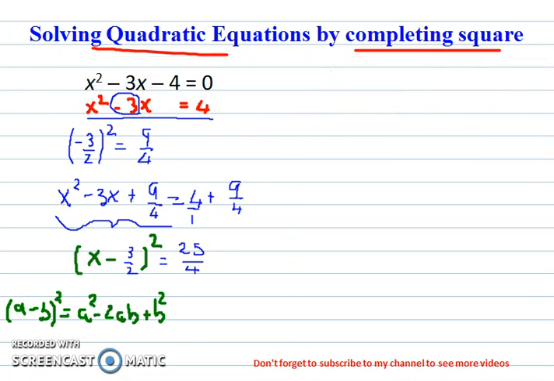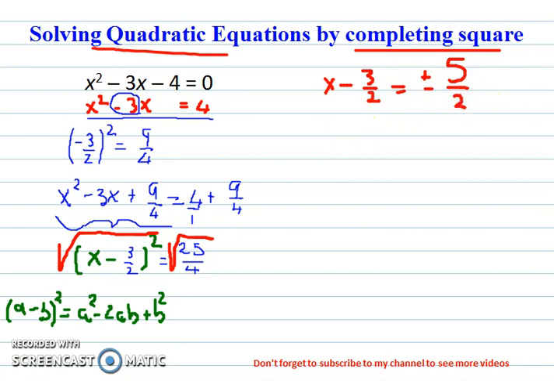So if I remove this, we can work on this side right here. Let's say for now, we can take the square roots of both sides. We're going to have the square root of this side and the square root of the right side, and it should make x minus 3 over 2 equal to plus and minus 5 over 2.